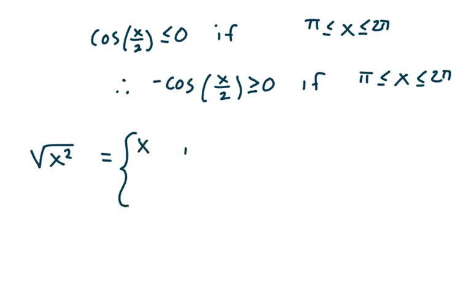It's equal to x if x is greater than or equal to 0, and if x is less than 0, you're going to get negative x, because if x is less than 0, negative x has to be bigger than 0.